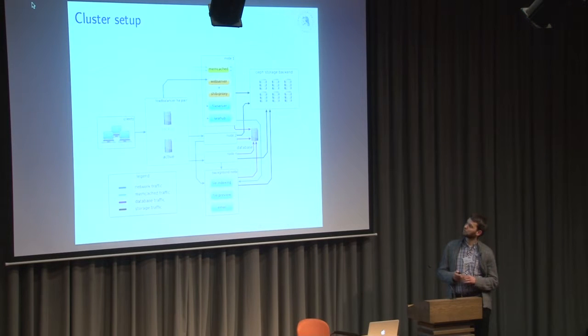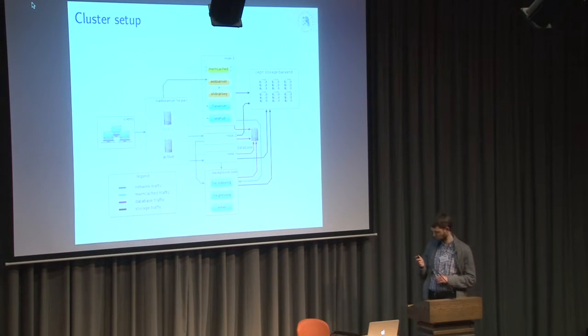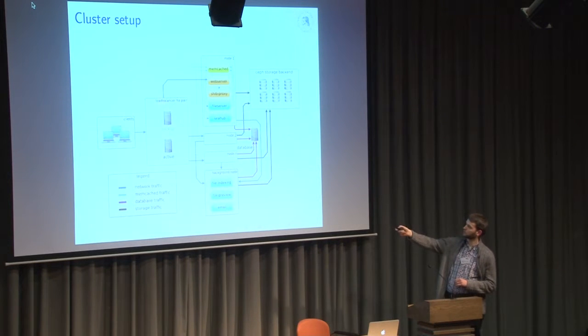Here is a small picture of our deployment. Here you can see a load balancer pair, virtualized VMs of our proxy, an active-passive setup with a virtual IP managed by Pacemaker.